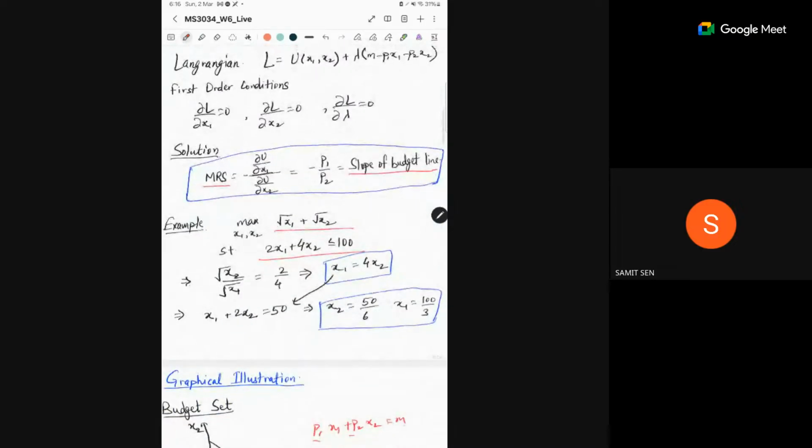I have removed the negative signs, and I have derived the solution. So these are my solutions. This is my preferred combination of consumption, which is feasible to me as well as gives me the highest utility from the available bundles.